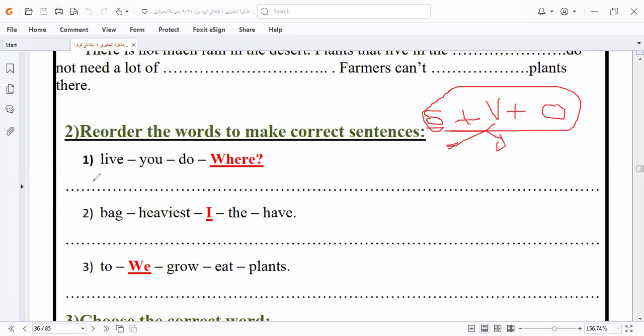Let's answer this question. Where do you live? So the answer will be: where do you live? Here we have a question and I answer it like this. I answered two of these sentences, and I leave the rest to you to do as homework.